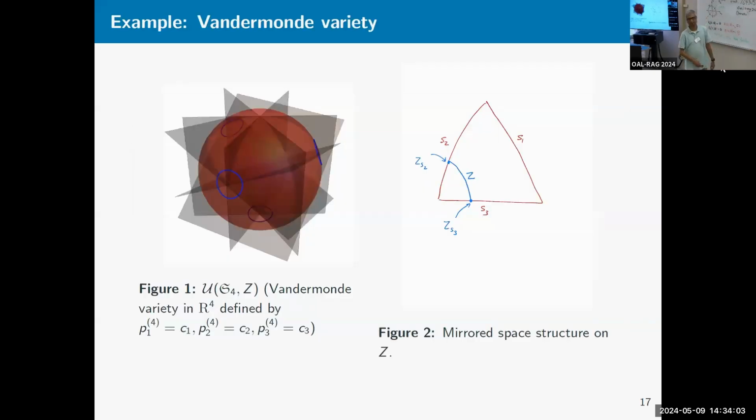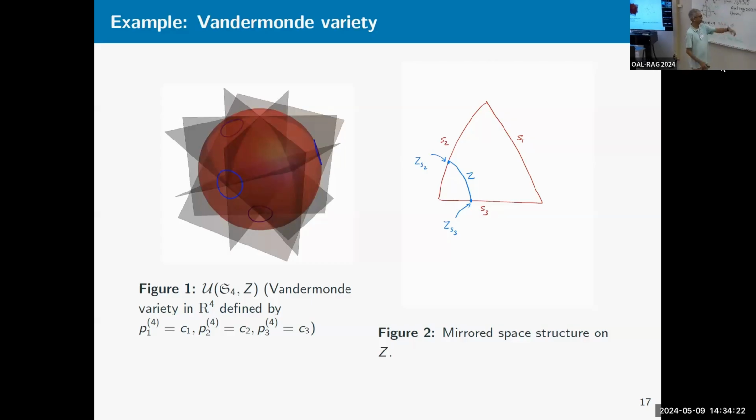Now that definition is a bit complicated, so maybe I'll just provide an example of what's going on here. And that picture should help. So here we are looking at a particular van der Waals variety in R4, defined by the level sets of the first 3 Newton power sums.